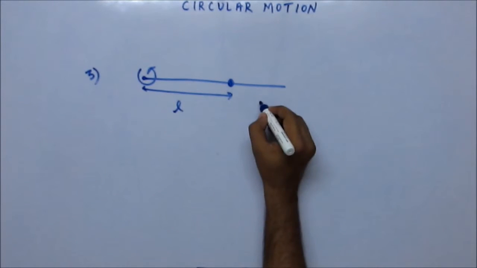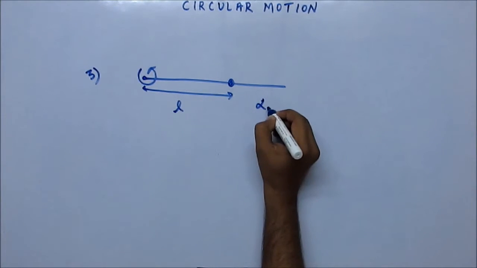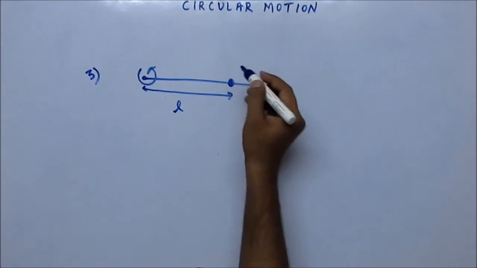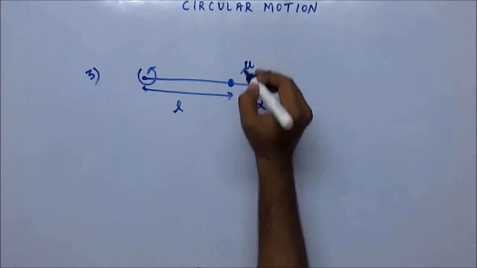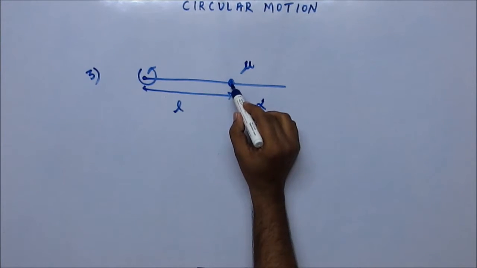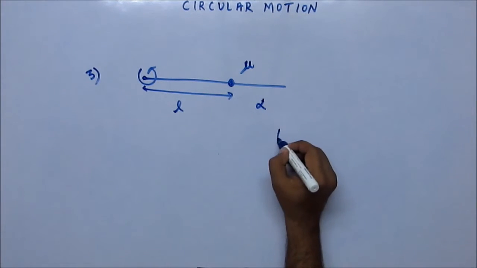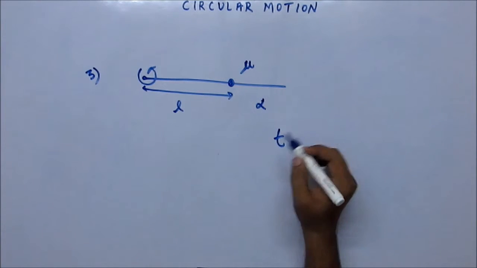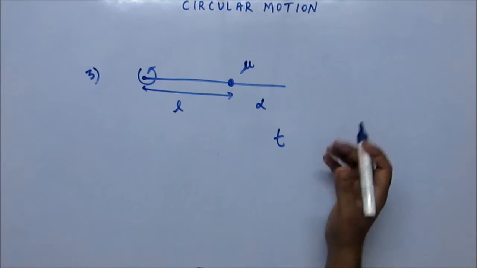The angular acceleration, suppose, is alpha. The coefficient of friction between the bead and the rod is mu. Now they are asking, after how much time will the bead start to slip on the rod?